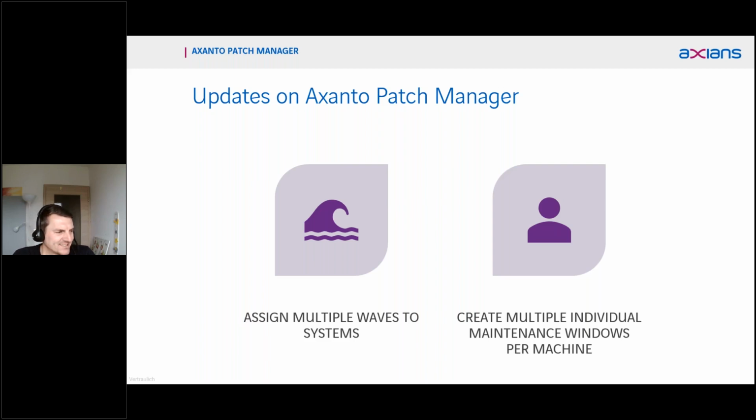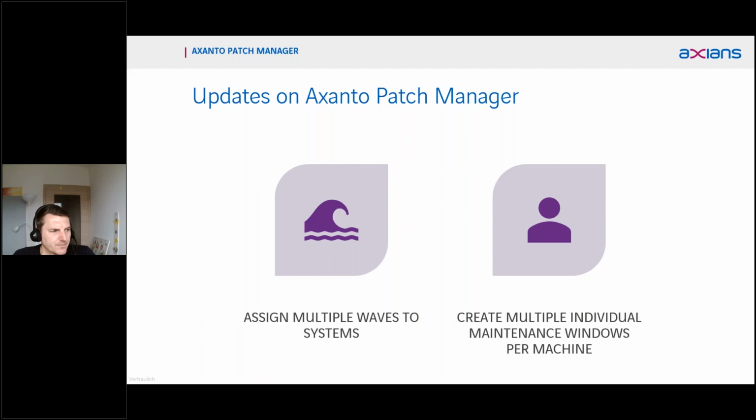You know what I mean? So there was the request that the system can go to multiple waves, so that if a hotfix is there, it is applied at once to the systems, or as fast as possible. So that was the point of that.